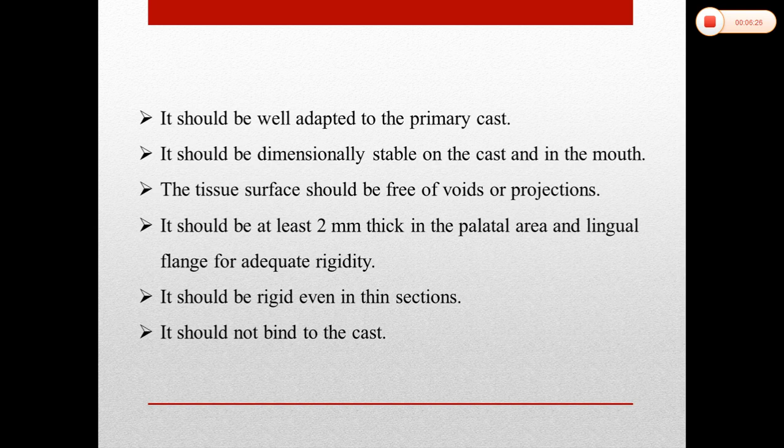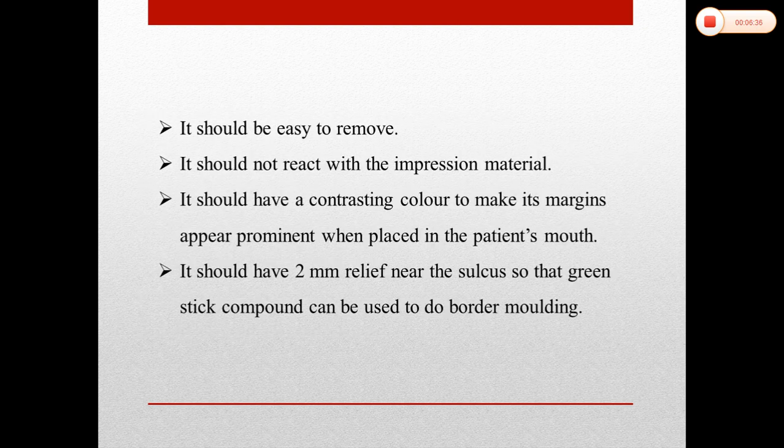That means it should not bend or distort whenever you are using a special tray for making a secondary impression. It should not react with the impression material, and it should always be 2 millimeters short of the depth of the sulcus.